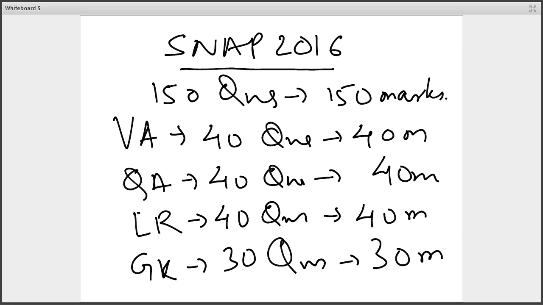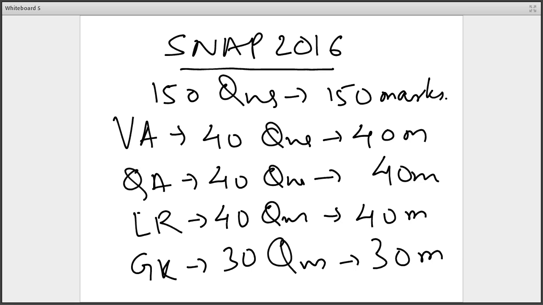SIIB Pune will have around 86 to 87. SITM will have 70 to 72. SCIT will again have around 70. Then SIOM will again have around 70 as a cutoff.